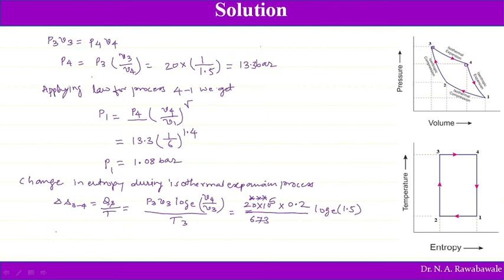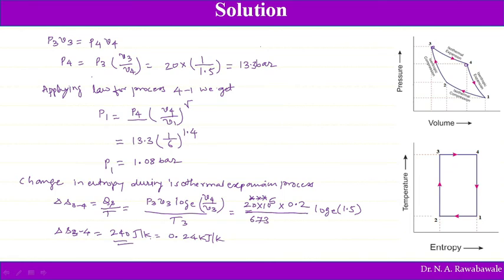So on simplification, entropy change during process 3 to 4 is given as 240 joules per Kelvin or 0.24 kilojoules per Kelvin. So dividing this by 1000 we get it in kilojoules per Kelvin.